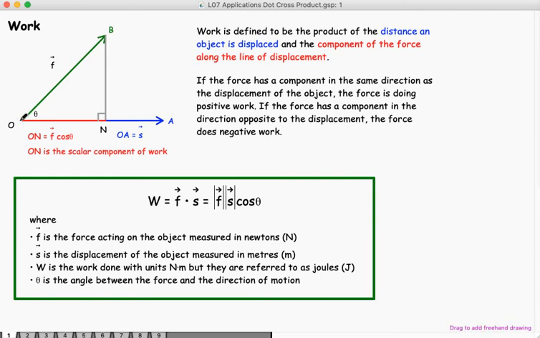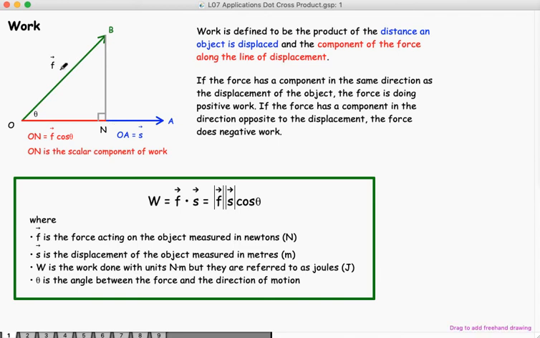So we're maybe moving an object along the line represented by OA, and the work would be how far we've displaced it, so the magnitude of OA, times the component of the force along the line of displacement, so we have to multiply that by ON.